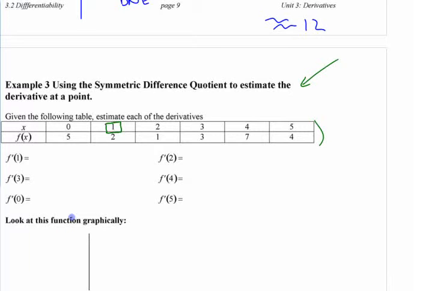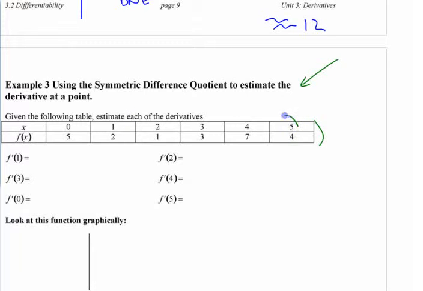What's your only option here if all you know is a table of values? If you want to know the derivative at 1, how can you estimate it? Yeah, just use that point and that point on either side. There's nothing else you can do if you don't know the actual function.